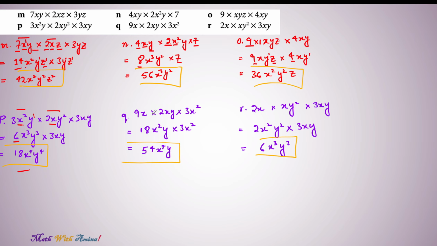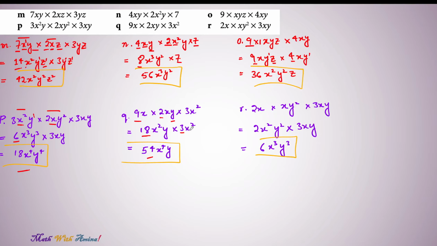Then we have 9x multiplied by 2xy multiplied by 3x square. So in here 9 will get multiplied with 2, so 18. X getting multiplied with x, the power of both is 1, so 1 plus 1 is equal to 2. Y appears in this term only with power 1, so we will write it as it is: 18x square y. Then it gets multiplied with 3x square, so 18 multiplied by 3 is equal to 54.